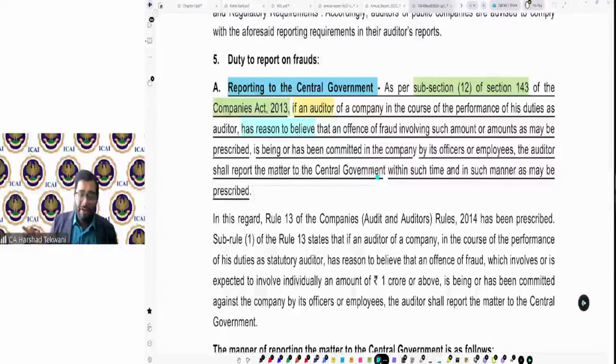So he should have a reason to believe, not the actual evidence we are talking about as of now, but there should be something on the basis of which he has a reason to believe. Not a foolproof evidence report and everything.